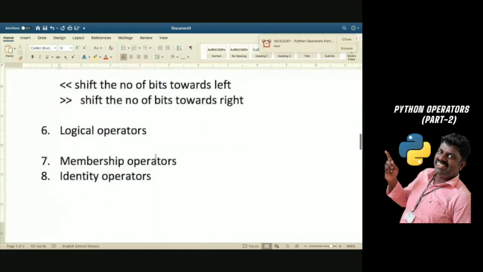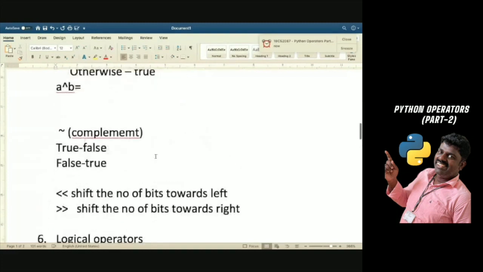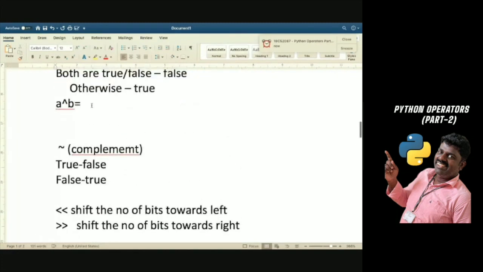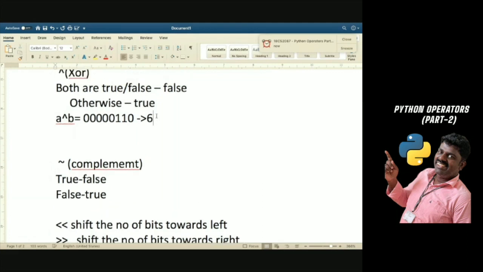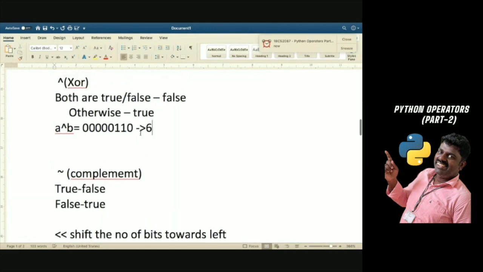So we will check when we go for A cap B. So 0 0 0 4 zeros, and then again 1 0, and then 1 1 0. That's my point. So what is the corresponding value of this? This is 6, right? So how to find out whether the corresponding value is 6 or not?